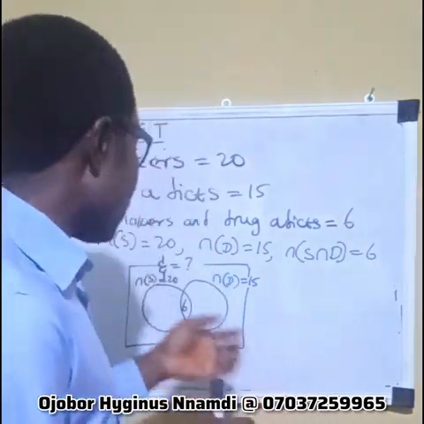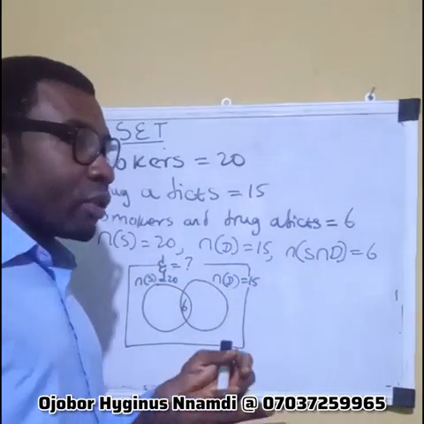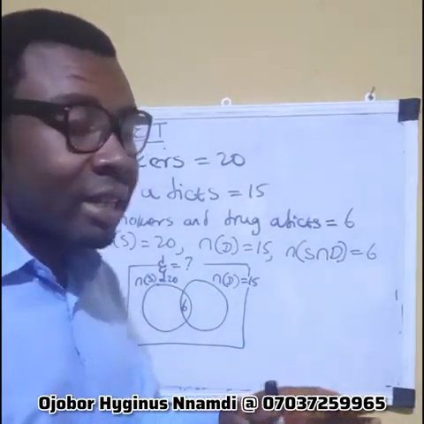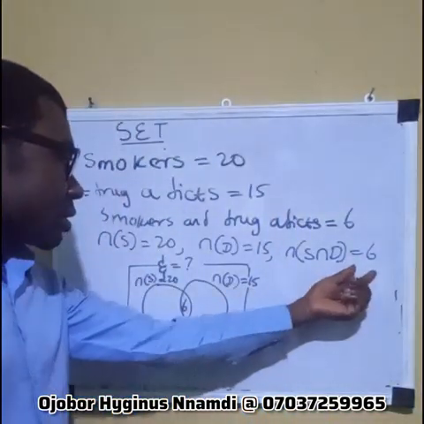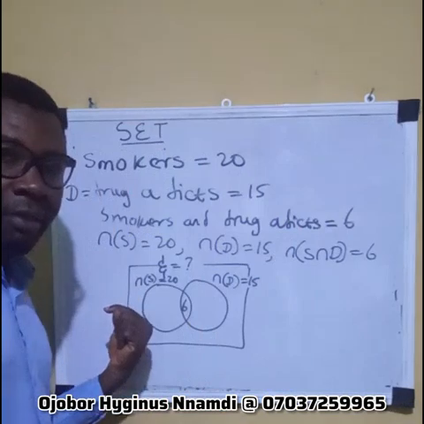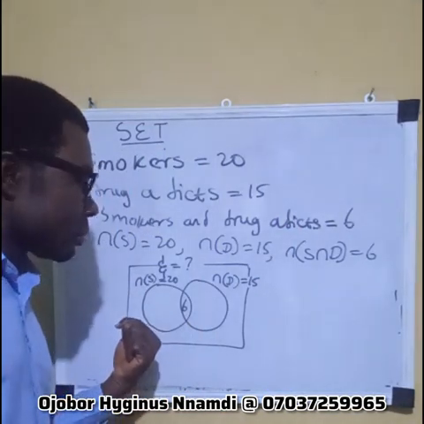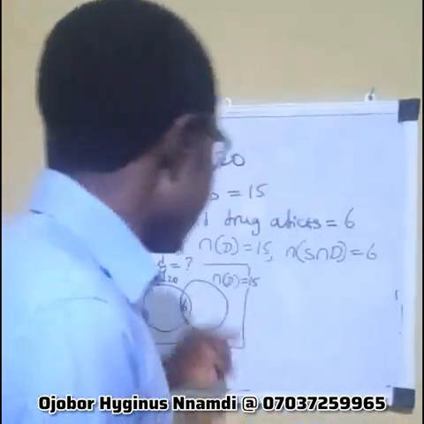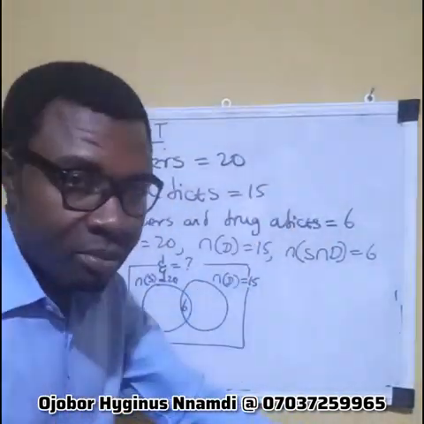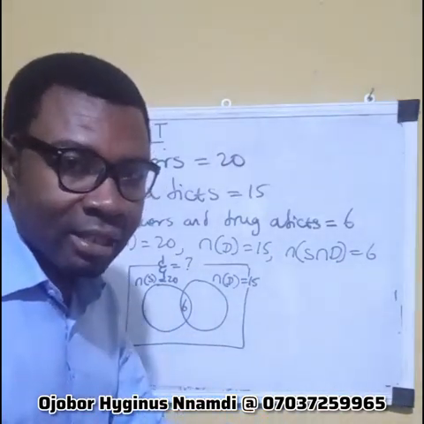Then if we want to determine the number of smokers, like for instance, we want to group them, and those that are smokers come to this side. These 6 will be there because they are smokers. And then you say those that are drug addicts come to the other side. These 6 will also be there because they are drug addicts as well.